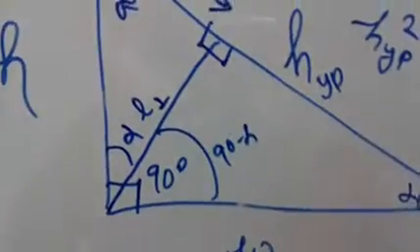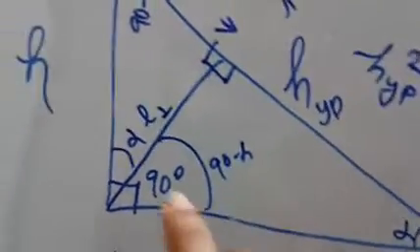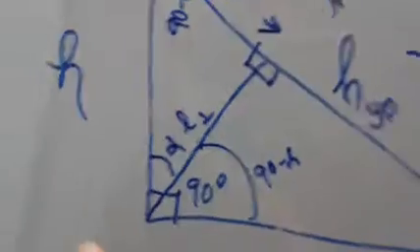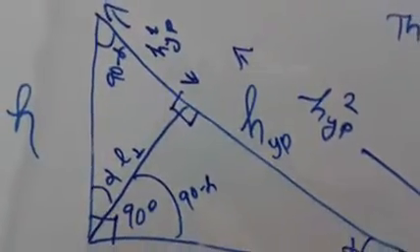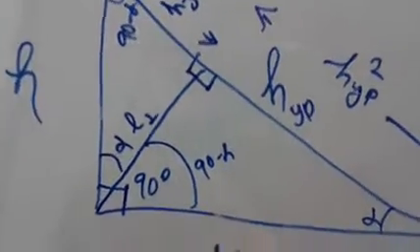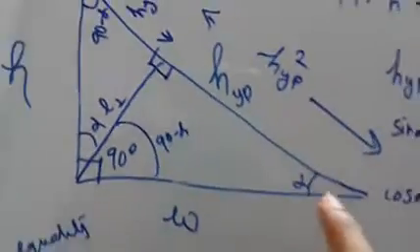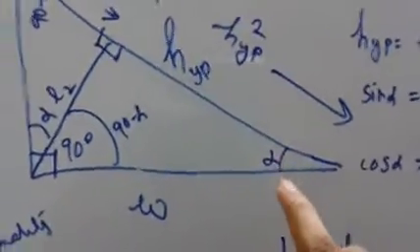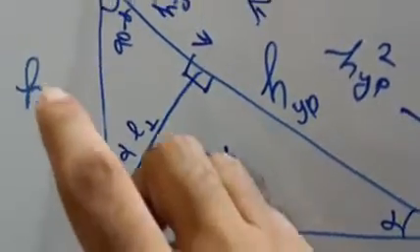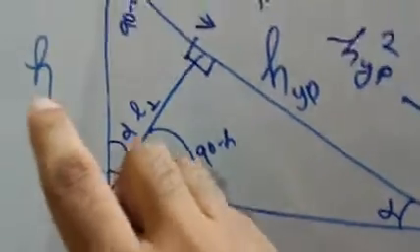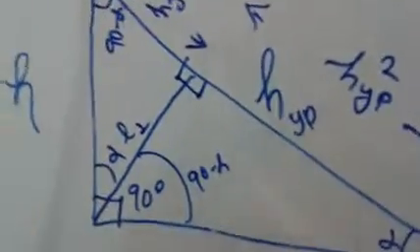But the thing is, if you use this particular view of sine of alpha, then the problem is the H is repeating in both. Now we don't want that.